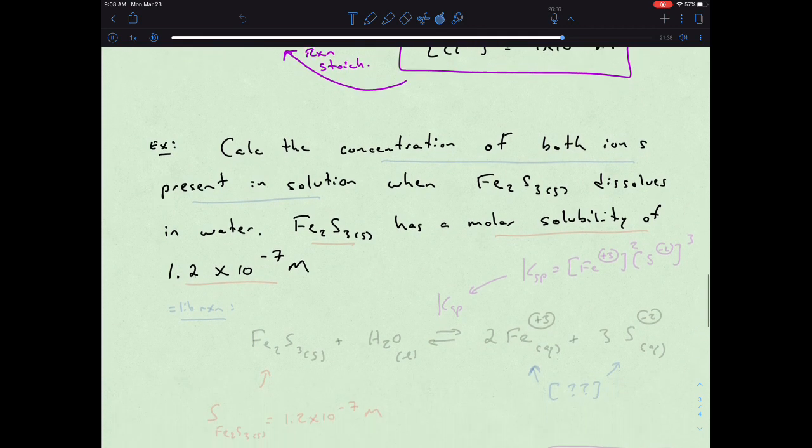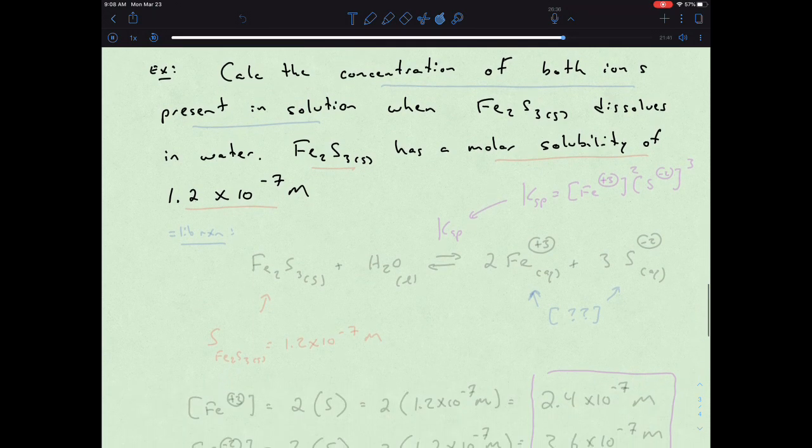The equilibrium reaction shows the dissociation of that solid, ferric sulfide. Looking at the stoichiometry, we would have 2 irons that are +3 and 3 sulfides that are -2 on the product side. Both are aqueous.